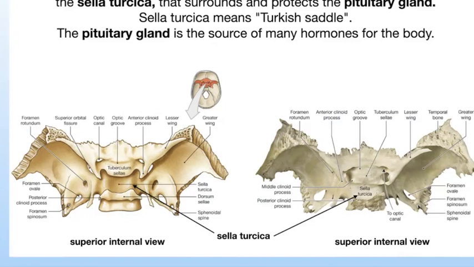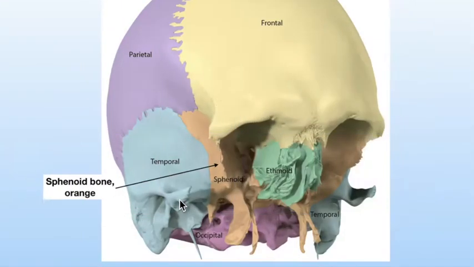It's because the pituitary gland is the source of many, many of the hormones for the body. Not all of them, but many of the important hormones for the body. And here's a picture of the cranium from the right sort of lateral anterior side.